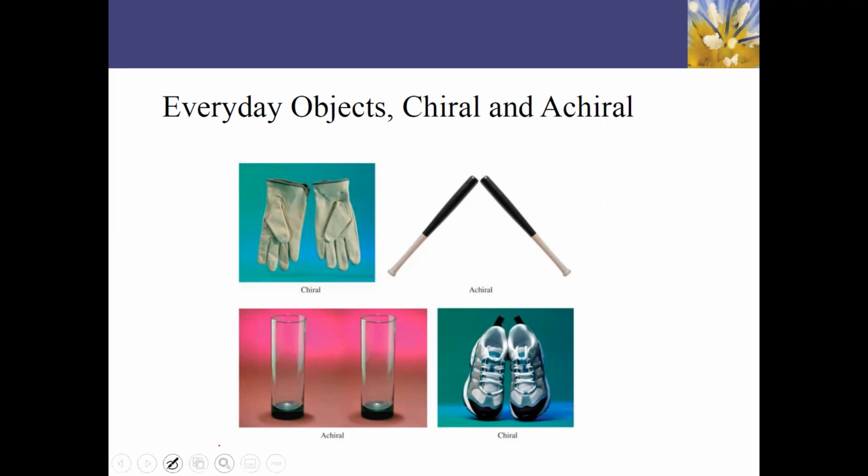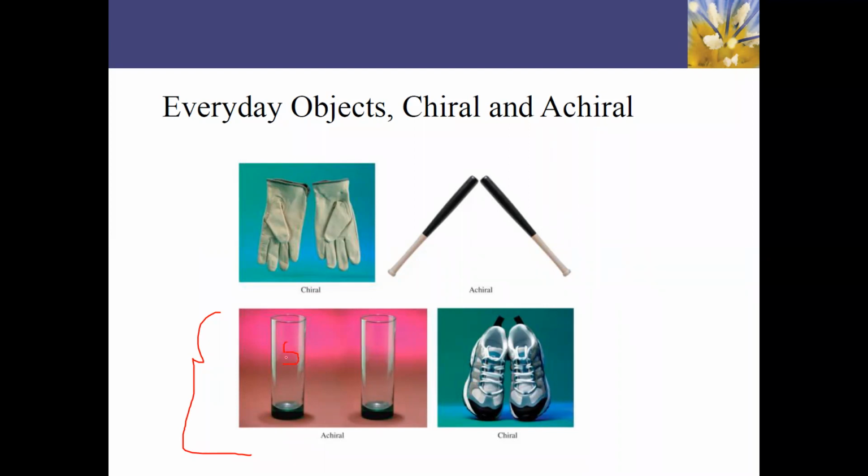What do you think about this glass? Is it chiral or achiral? Achiral, because if you look at these two glasses, both of them look similar, right? But if I write something on this glass and then look into its mirror image, can I still call it achiral?